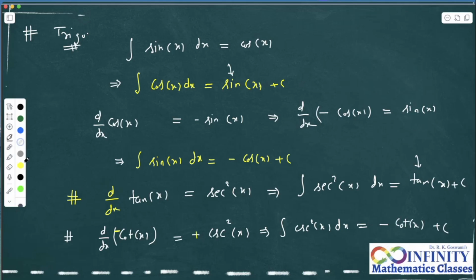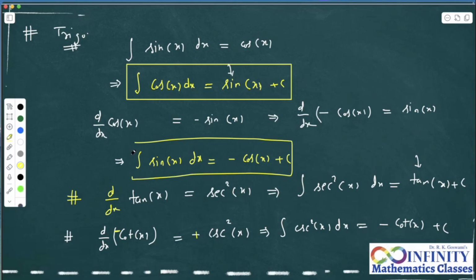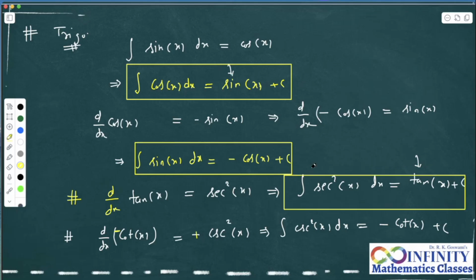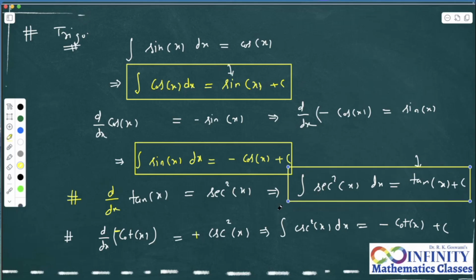So basically, we have got four formulas here. One for cos, one for sine, next for secant square, and next for cosecant square. These are the four formulas you have learned here. There are two more formulas. These are the basic formulas. Maybe there is a question, what is the integration of tan x, or cotangent x?